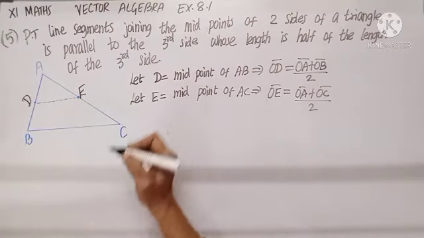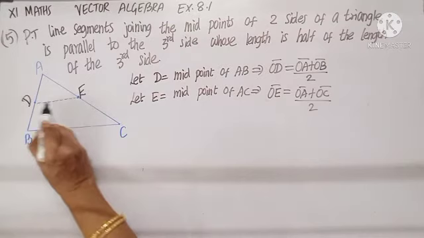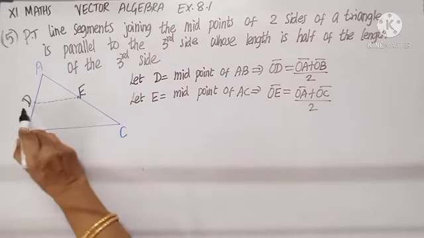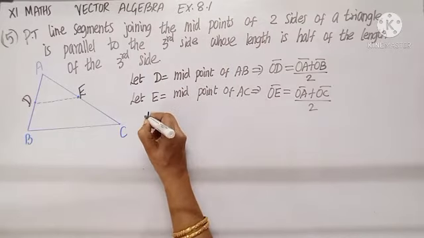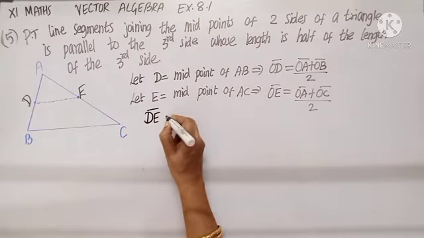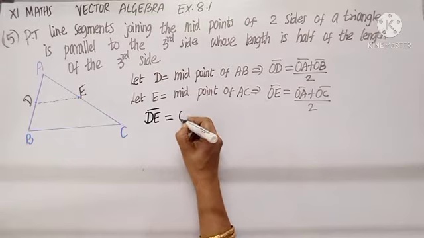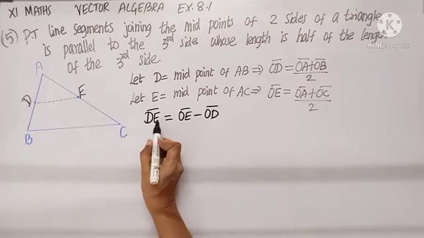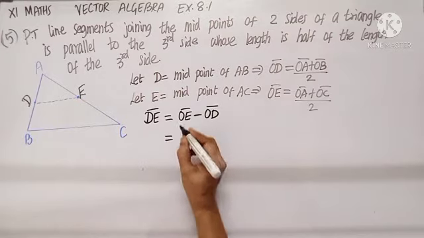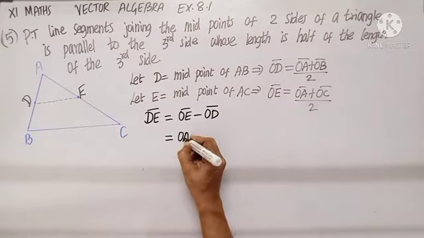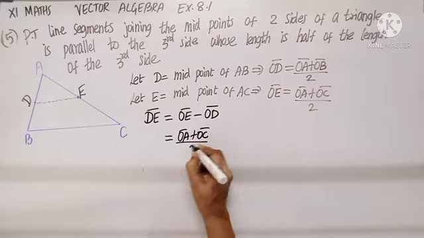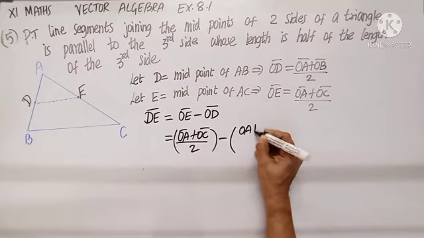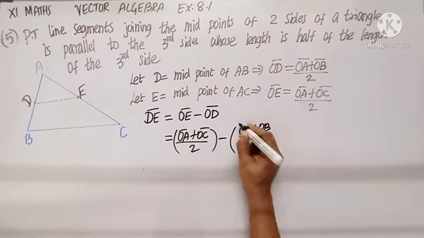Now we need to find the side joining the midpoints, so I want to find the DE vector. What is DE vector? OE minus OD. Remember, second minus first. What is OE vector? OA plus OC by 2, minus OD vector, which is OA plus OB by 2.